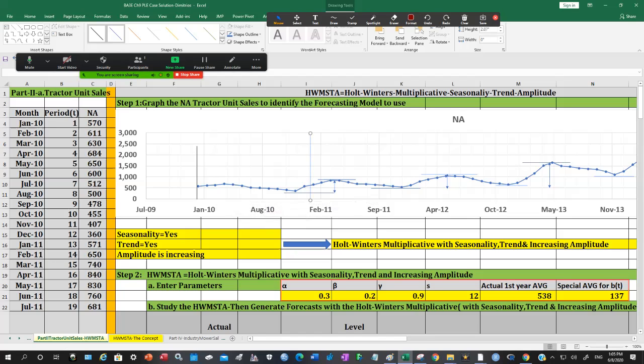Basically, what I want to tell you is that I'm drawing these vertical lines to show that we have seasonality. You see this graph goes up and down, up and down, up and down. So here you have one season, basically. And the graph repeats itself every year.